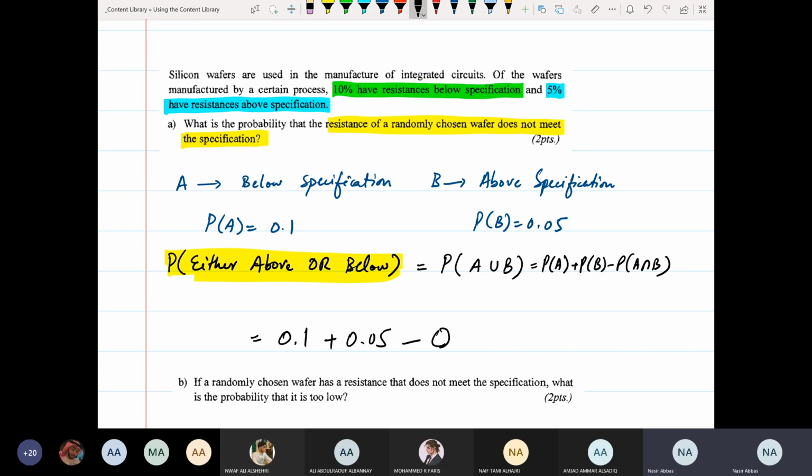How do you extract from the question that this probability is 0? I don't know. Okay, Abdulaziz. Because it says 10% are below and 5% are above, so they have nothing in common.